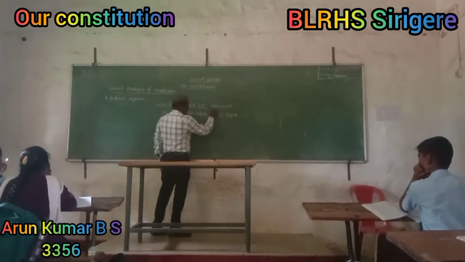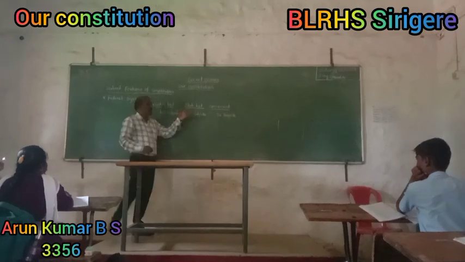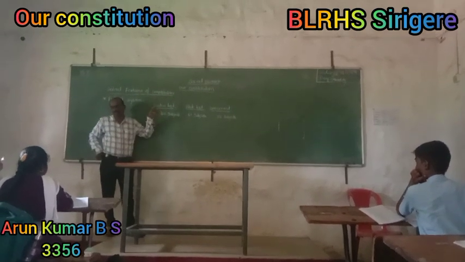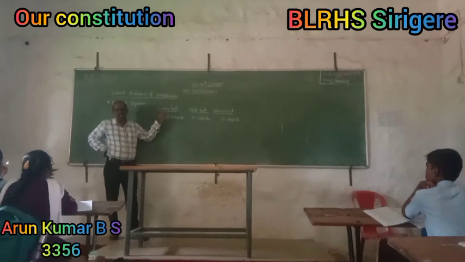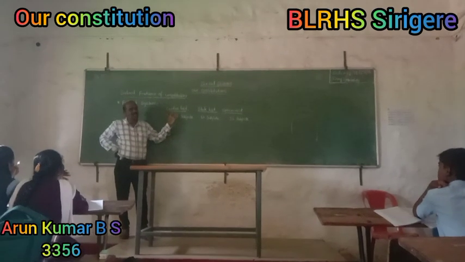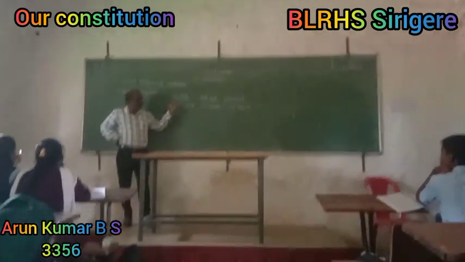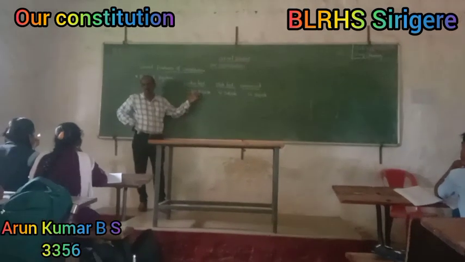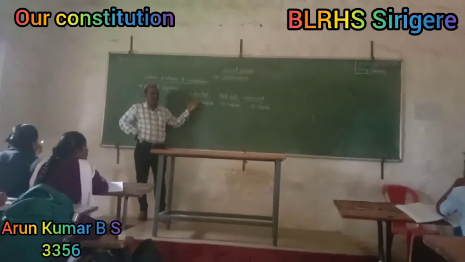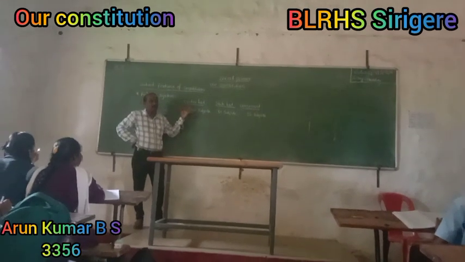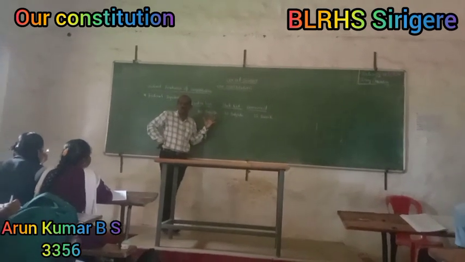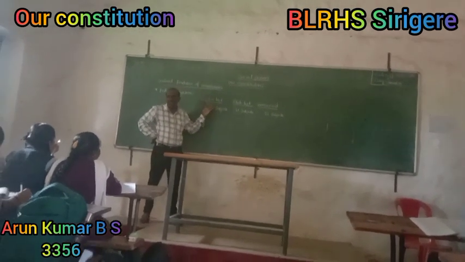State list, central list, and concurrent list. So there are 100 subjects in the central list. Central list means in these 100 subjects, any action, rules or decisions are going to be taken only by the central government.